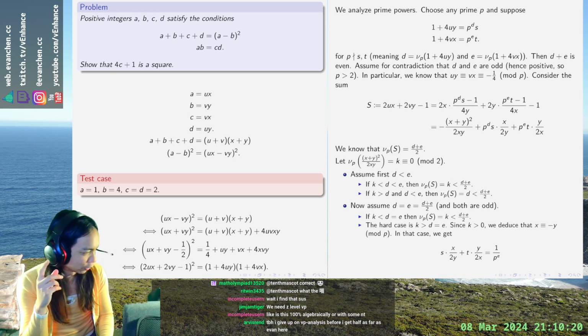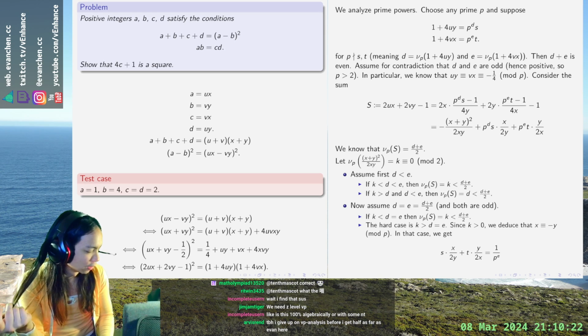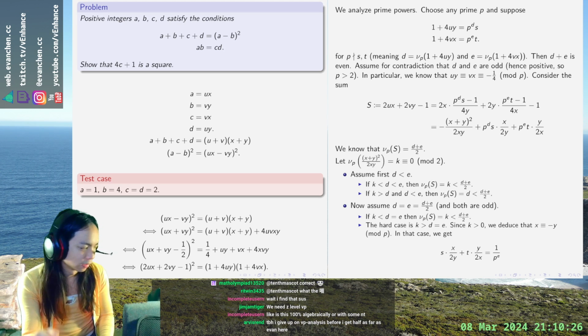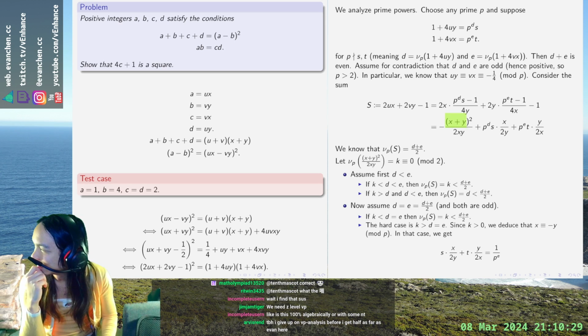It feels weird because I feel like I'm going in a circle, where I'm trying to use this x plus y thing a second time.